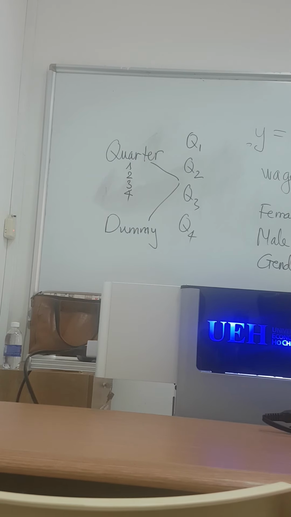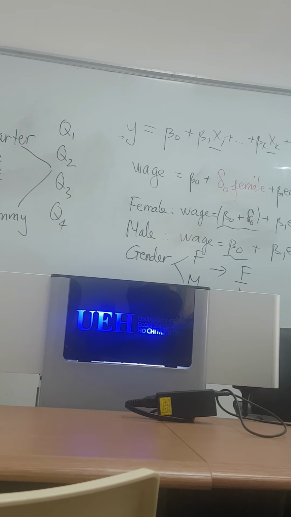I may expect, for example, that sales in the fourth quarter are higher than in other quarters, because of seasonality. Some firms have seasonality, and we expect that at the end of the year their sales will be highest. So I expect quarter 4 to have the highest sales.